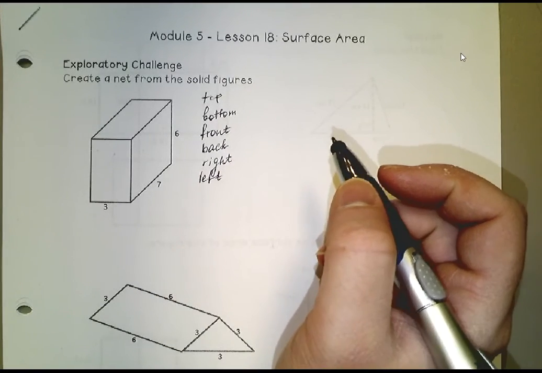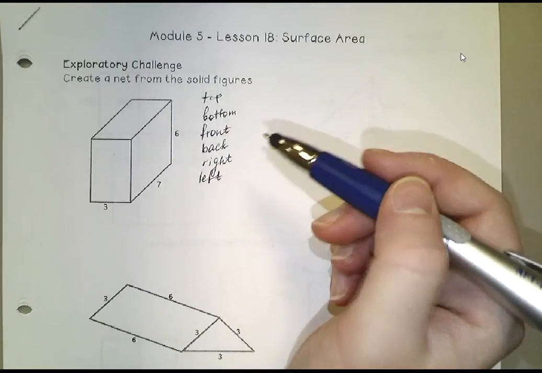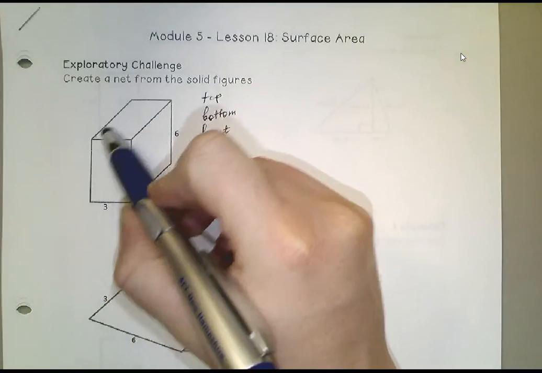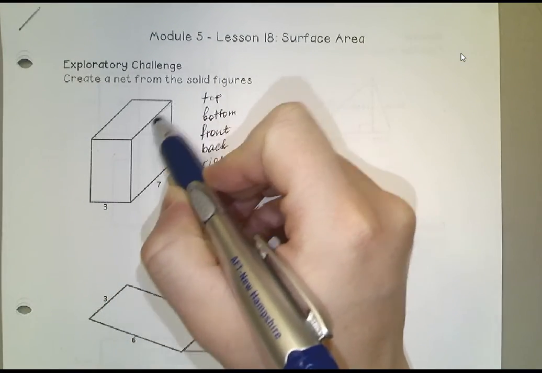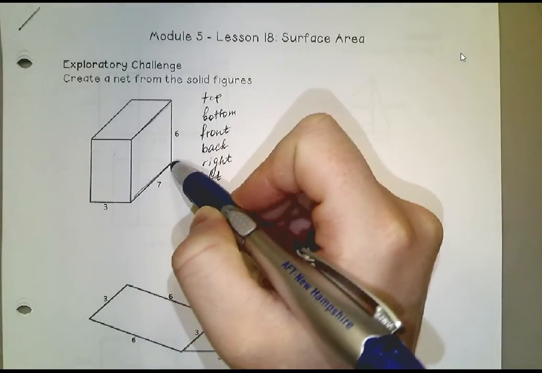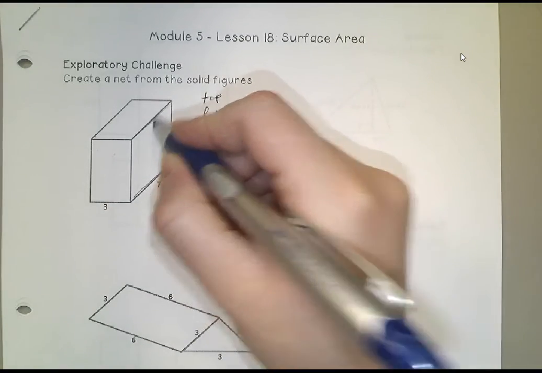Okay, so I need to know the measurements of each of these to be able to make the net of it. So the top, if I look at the top, I see right here a side that I don't know about, but I also have this side that is the same as this one. So this is 7.